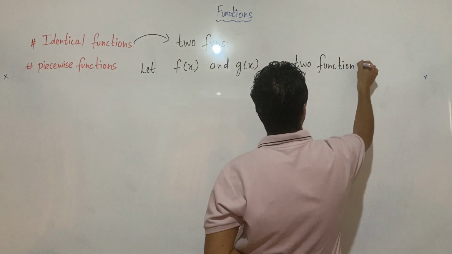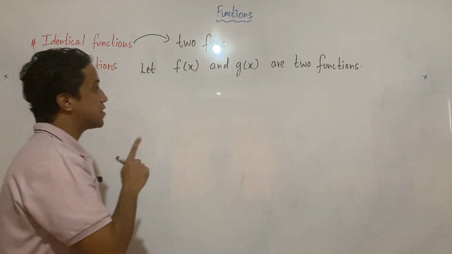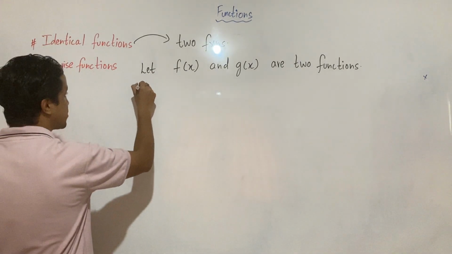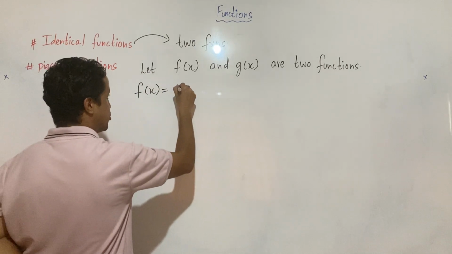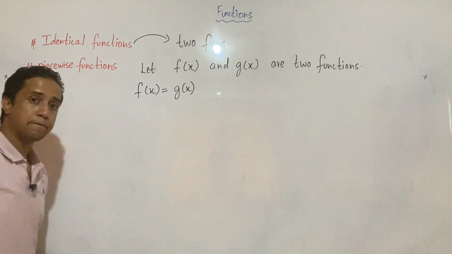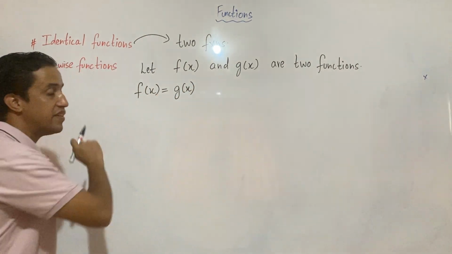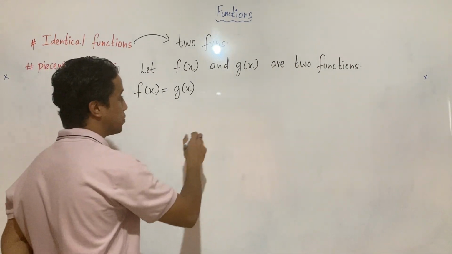So these functions are said to be identical, which means that f(x) is going to be the same as g(x) when f(x) and g(x) are going to be the same.